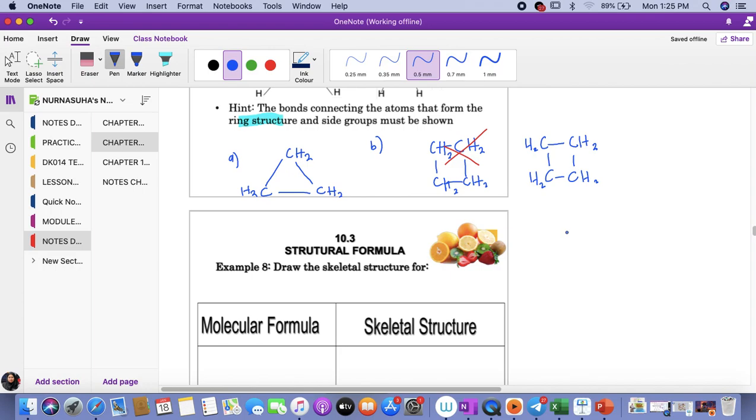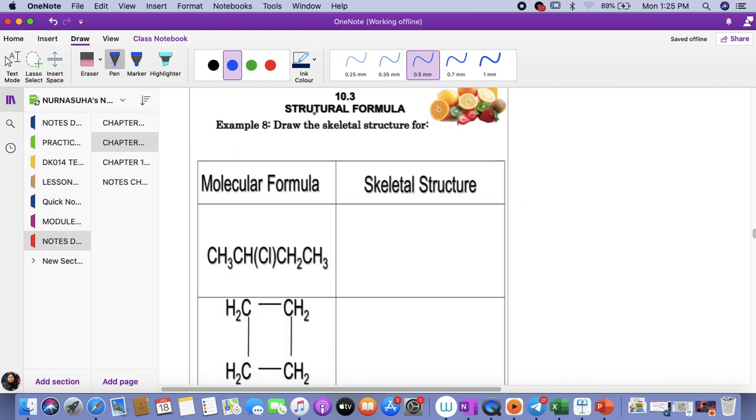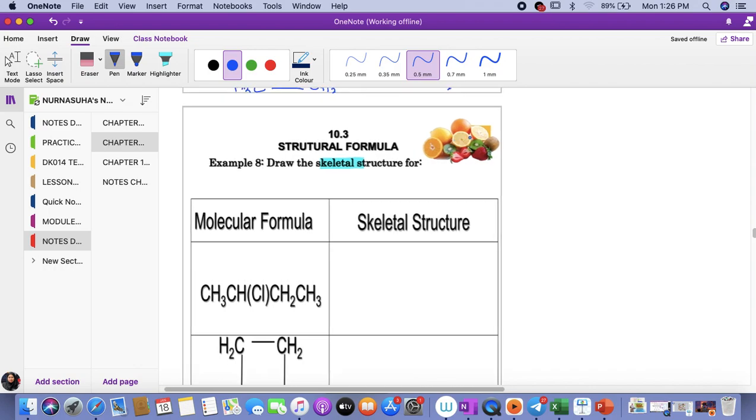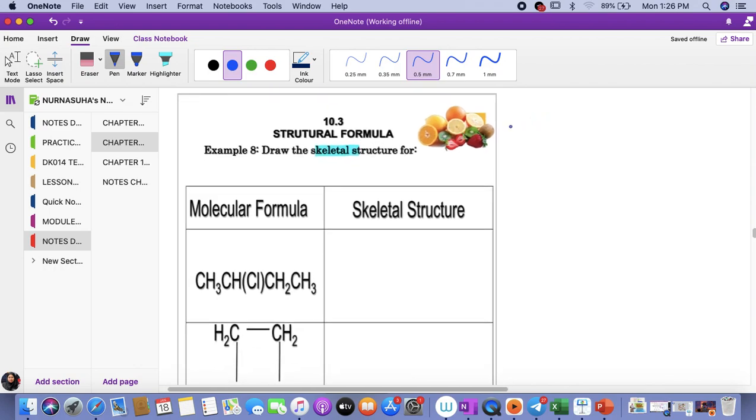Okay, so that is for condensed structure. Last one, let's have a look at skeletal structure. Skeletal structure is the easiest one. However, banyak buat mistake dekat skeletal structure lah. Okay, don't worry. So, for skeletal structure, kita akan wakilkan C ni sebagai dot.